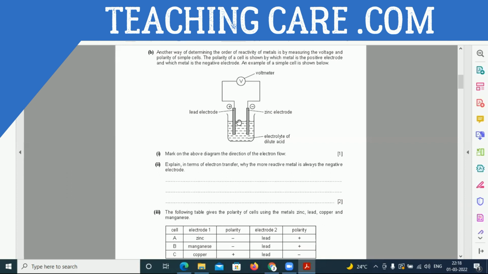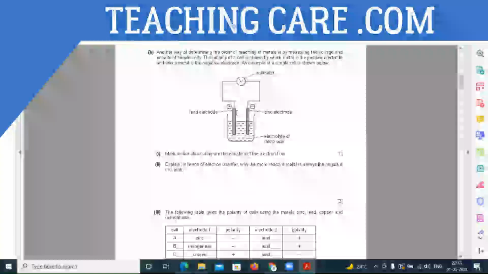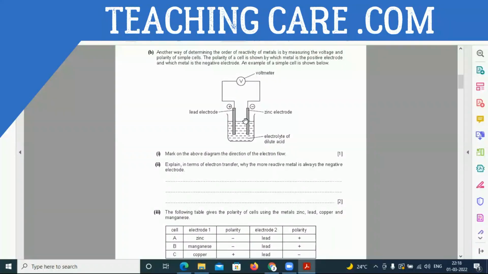Until and unless there is a negative electron here, how will lead accept that electron? So first thing you have to do is create an electron giver, right? Got my point? Okay.